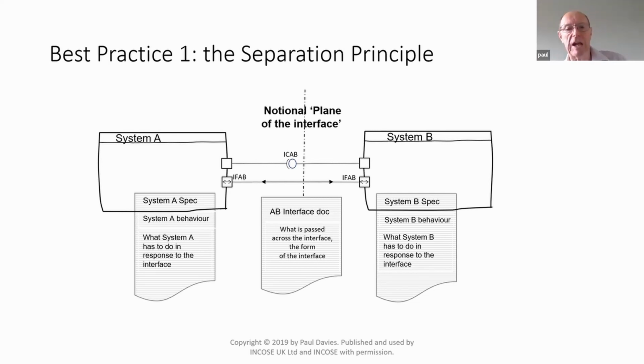So you don't have any functionality in an interface specification, and you don't have the details of the interface in the specification of the systems or system elements at each end. Trust me, you get a much cleaner configuration management process or change management process if you do it this way.